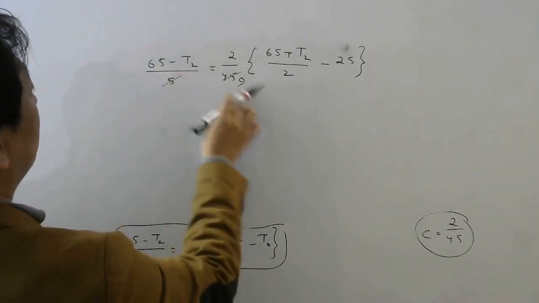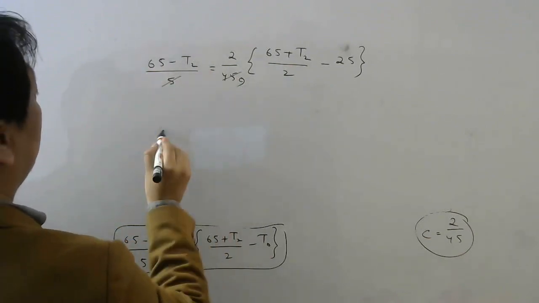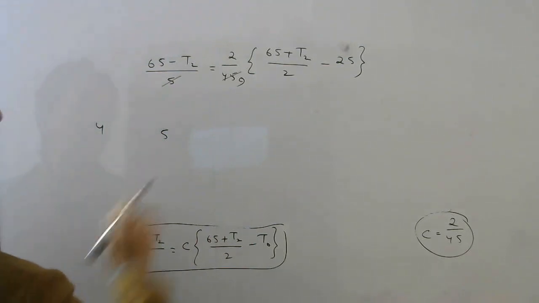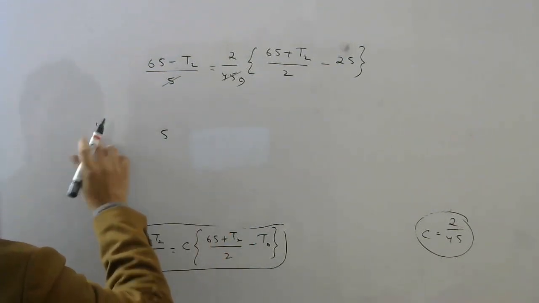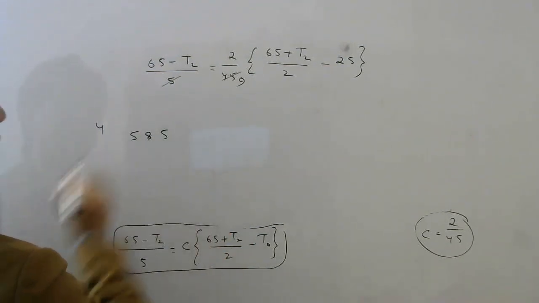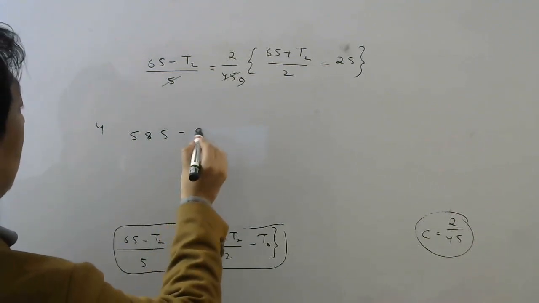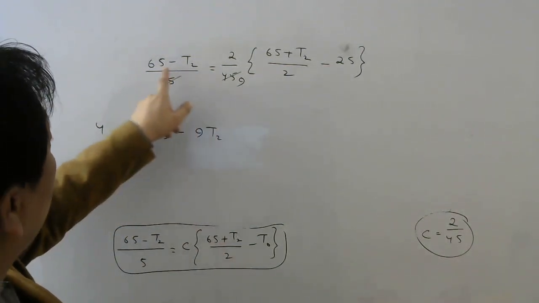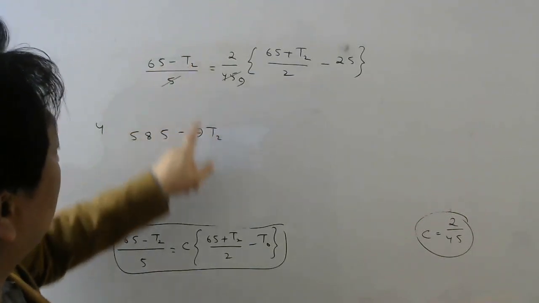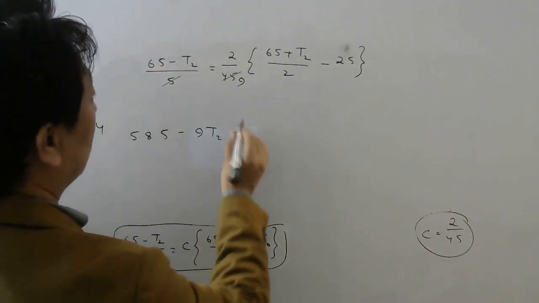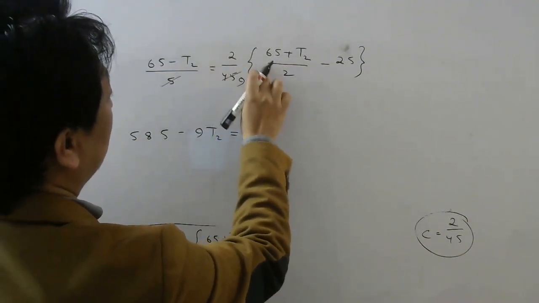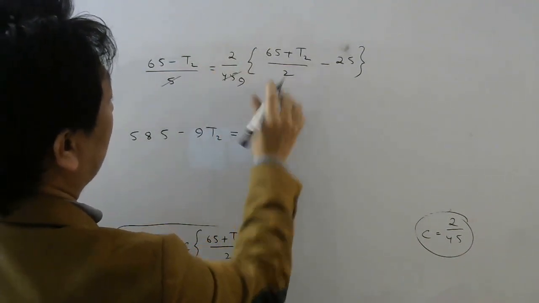Then if I cross multiply, it will be 9 5s are 45, 9 6s are 54, 54 plus 4, 58, right? Minus 9 T2. So what I did, I cross multiplied 9 with this number, then this T2. Then here 9 went here, then 2 let me multiply with this. When I multiply 2 with this, this 2 and this 2 will cancel.